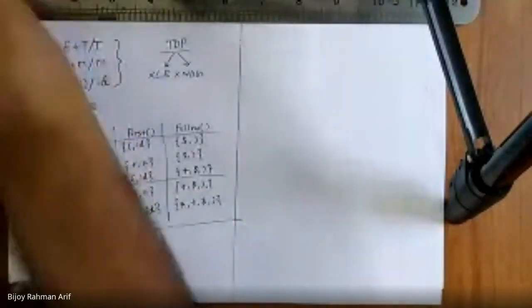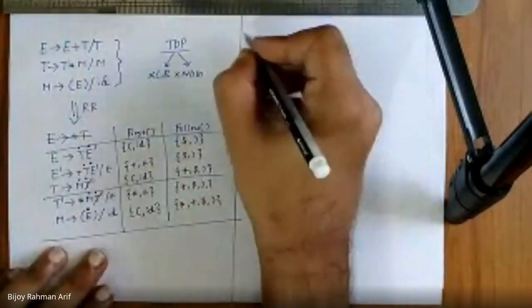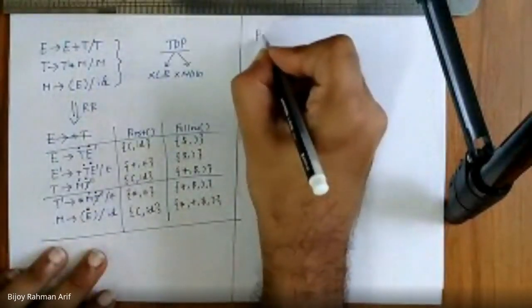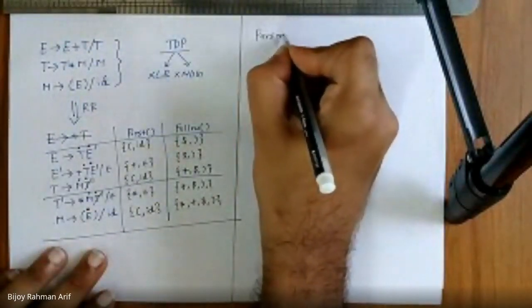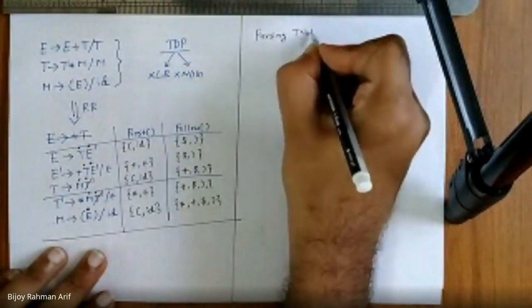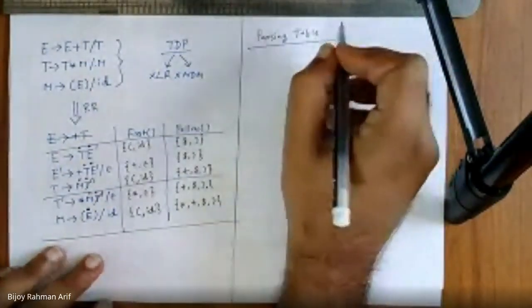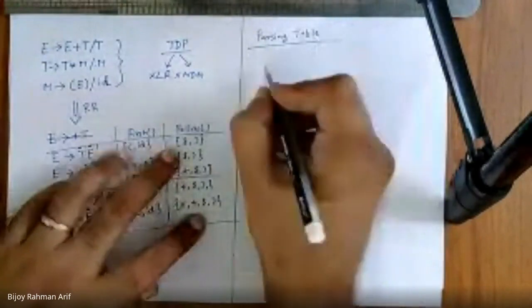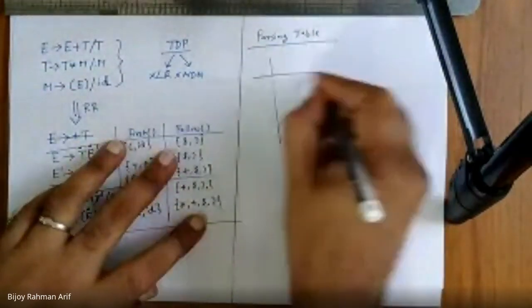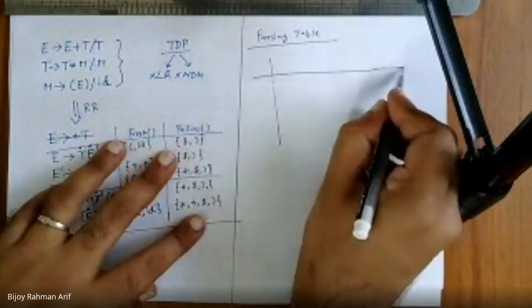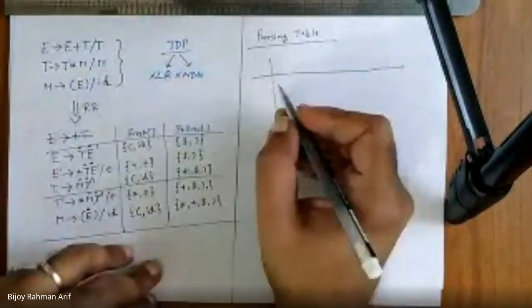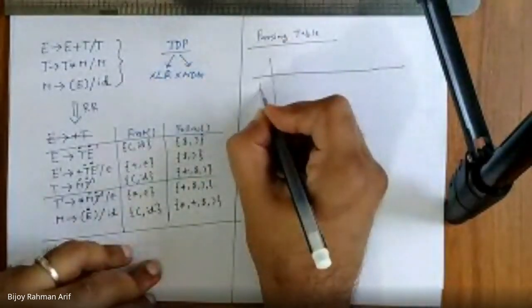Now we have to come up with the parsing table. So if we draw the table, what would it be? The leftmost column would be the variables. How many variables are there?